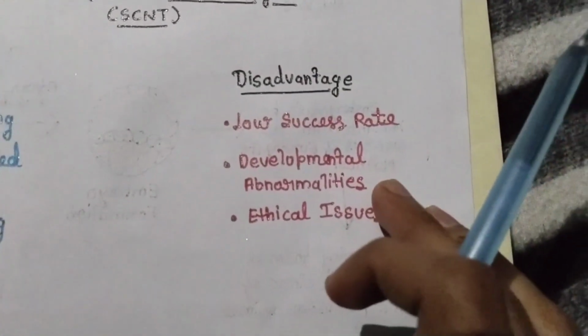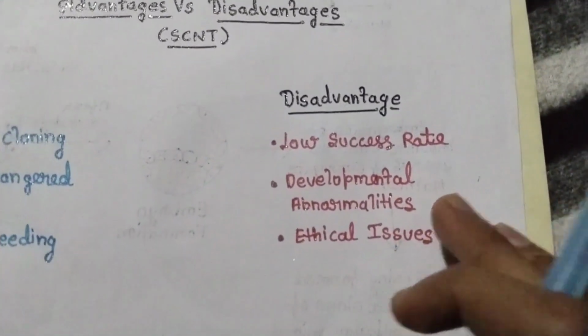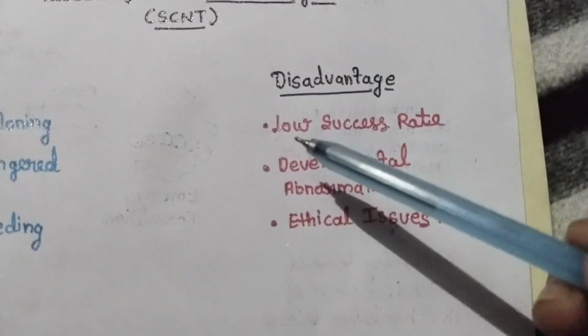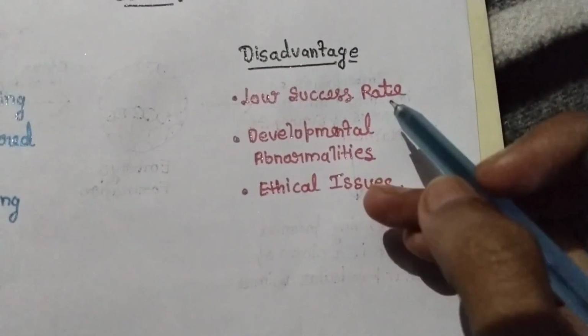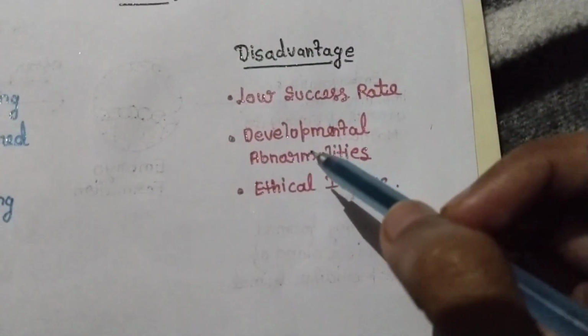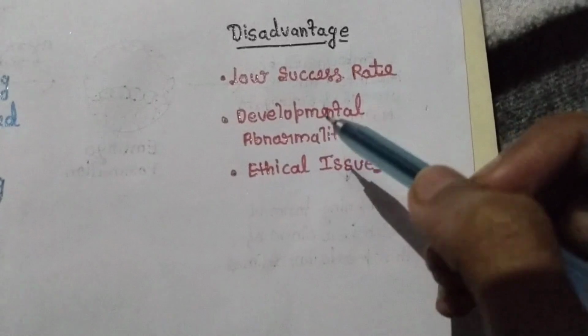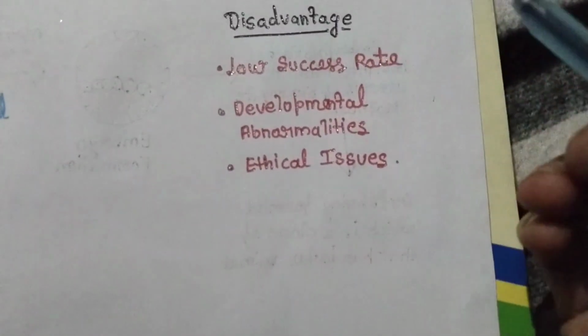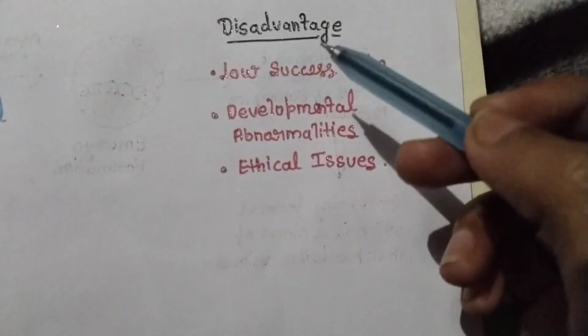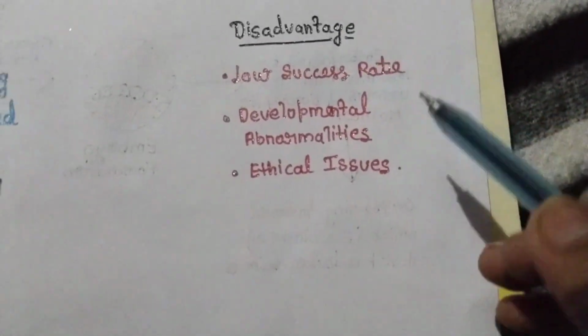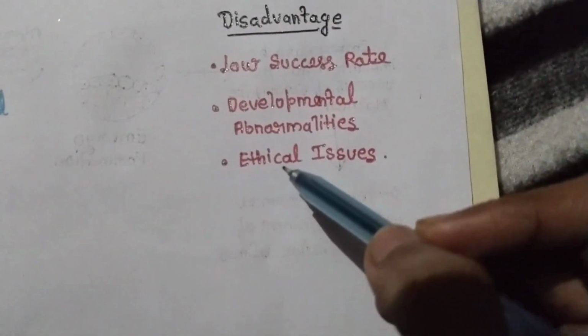And now coming on to the disadvantages of somatic cell nuclear transfer. So the first disadvantage is that it has a low success rate, right? And the second is developmental abnormalities, like during the formation of the embryo, maybe some abnormalities can occur, which contributes to the disadvantages. Now the third one is your ethical issues.